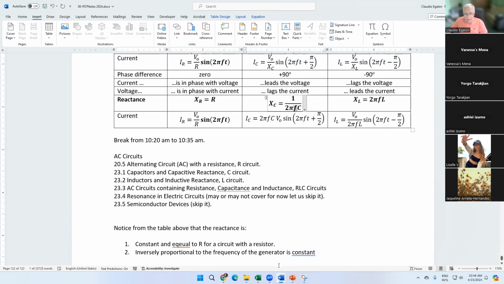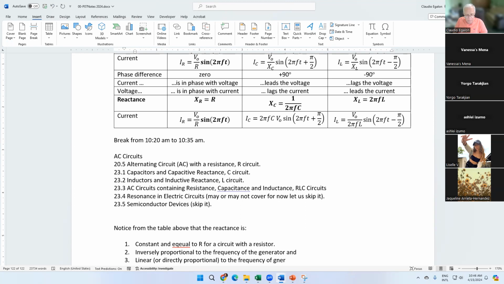Inversely proportional for the capacitor, and directly proportional to the frequency of the generator for the inductor.